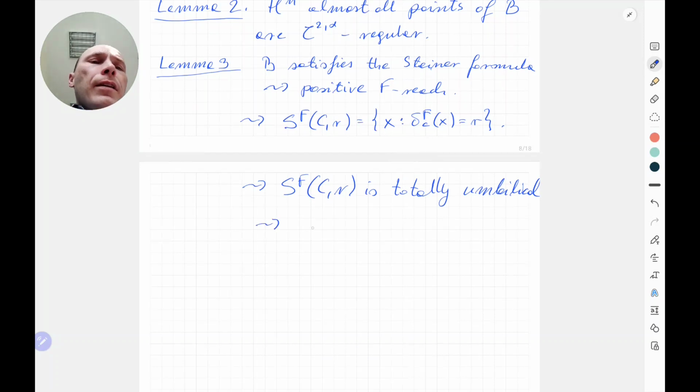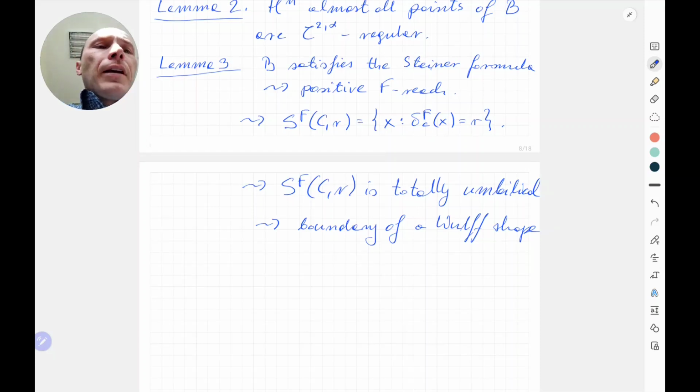And then it is a boundary of a Wulff shape. Great. And this is basically the end. Going with r to 0 and passing to the limit, we can actually show that B has to be some countable sum of boundaries of Wulff shapes. Okay, and this is the end.